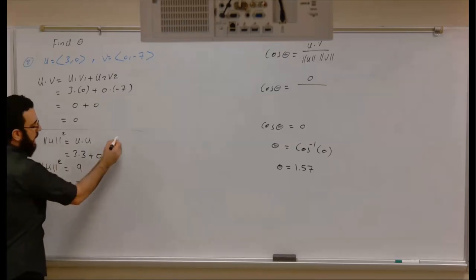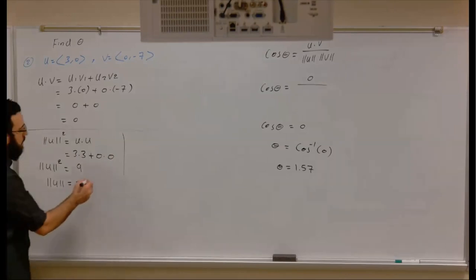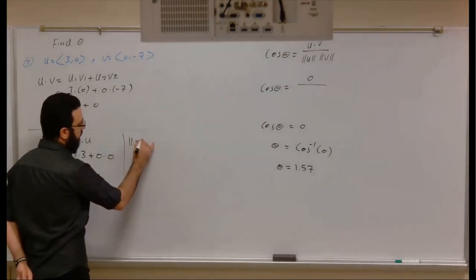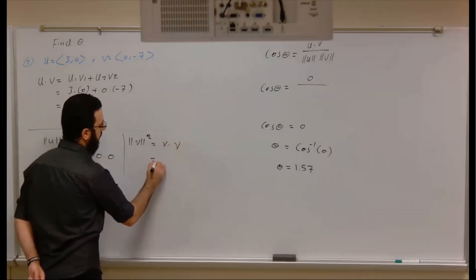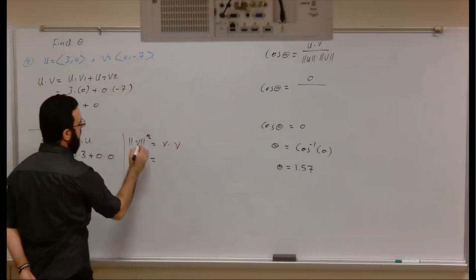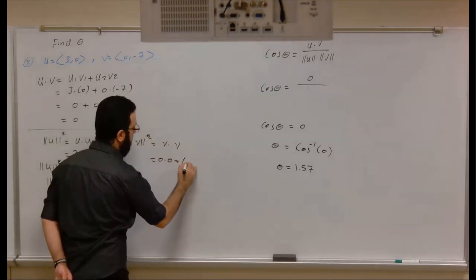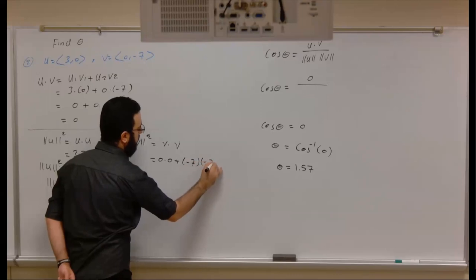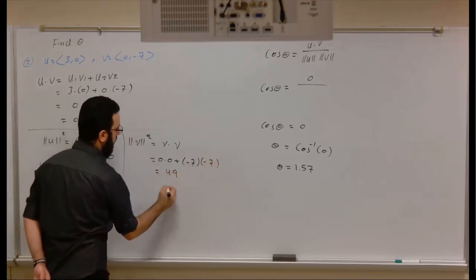I just want you to practice finding the length by using the dot product, instead of using the square root. The same thing, the length of v squared is going to be v times v. Here's the v, that means 0 times 0 plus -7 times -7, so it's going to be 49.